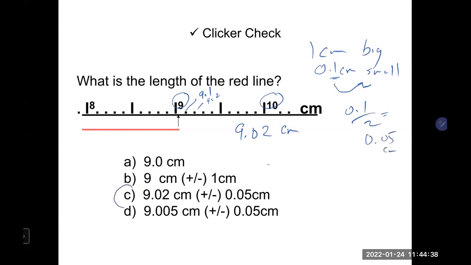So in this case, it looks like C would be the winner there. For measurements for us, in our class, you don't have to give the plus or minus 0.05 unless it specifically asks you to do so. So if this was a question, you could just say 9.02 centimeters, and that would be perfectly fine in terms of the answer.